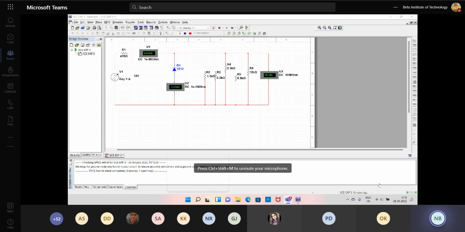Yes, it is showing 10.162. As you go on increasing, it will also increase. Okay, and what about experiment 4? Yes, sir, I'll show you.